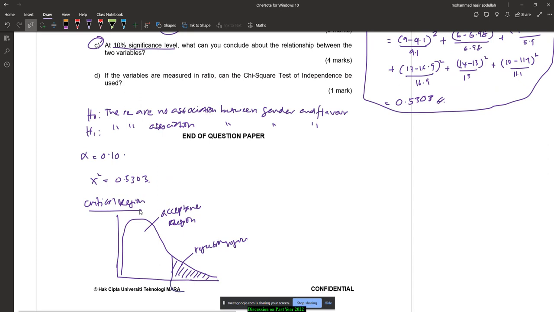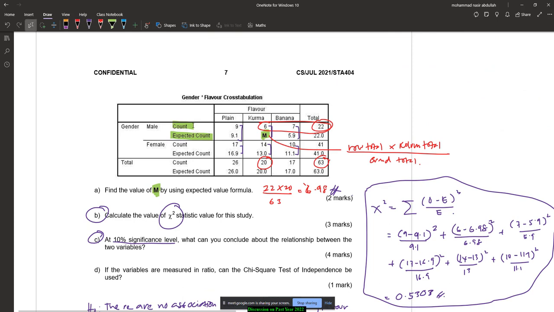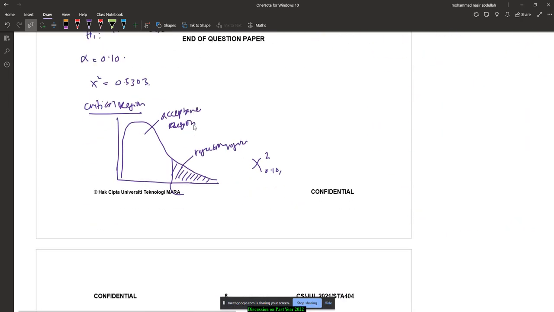So the critical value here is chi-squared 0.10, so alpha is 0.10, with degrees of freedom. Degrees of freedom for chi-squared is number of rows minus 1 multiplied by number of columns minus 1. So rows minus 1 is 1, multiplied by 2, equals 2. So you go to the chi-squared table.